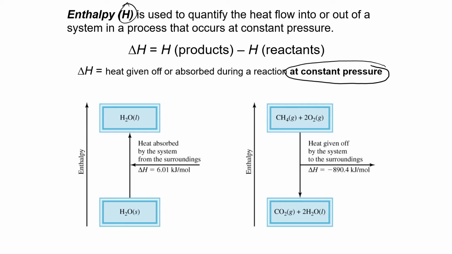We're given two enthalpy diagrams here from bottom to top. We've got an increase in enthalpy. On the left-hand side, we're looking at the process of solid water being converted to liquid water.